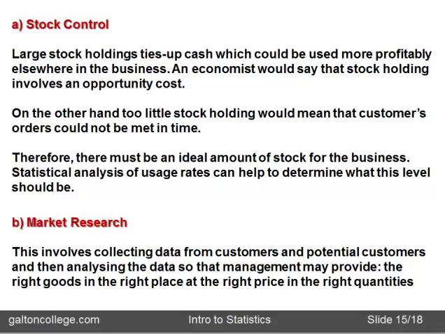So there is an ideal, and statisticians can help in working that out. Statistical, numerical information is used to try and work out the ideal amount of stock. And allowing for risk and uncertainty and the costs of holding the stock and so on, a figure can be worked out which is reasonable.